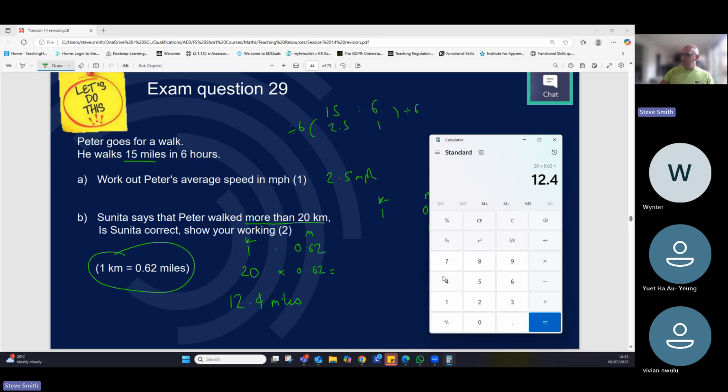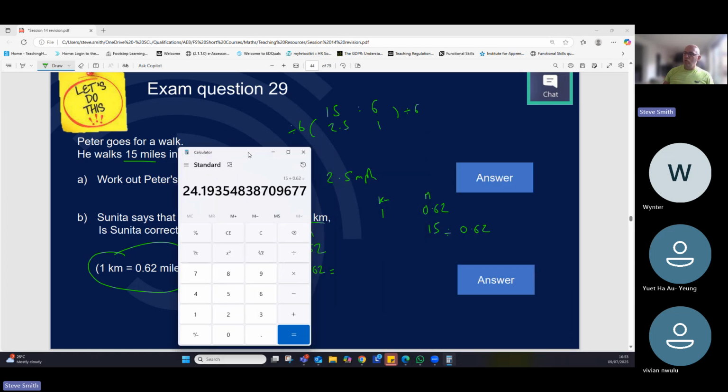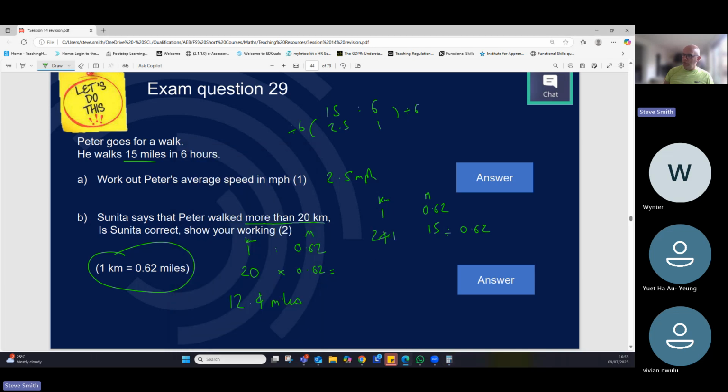So we've got 15 divided by 0.62. So if he'd done 15 miles, he's walked 24.19. And both ways round would have been absolutely fine because you're getting 1 mark for showing your workings and 1 mark for saying yes. So it's only 1 mark to actually show your workings out there.